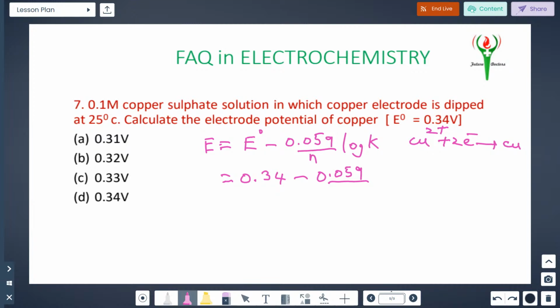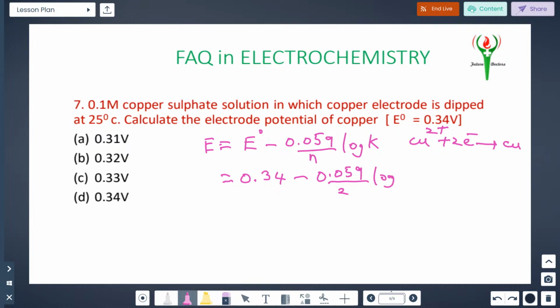N is nothing but 2 electrons. Simple. Log K is nothing but the equilibrium constant. Equilibrium constant means right hand side by left hand side. Simply remember, right hand side, product concentration by reactant concentration.